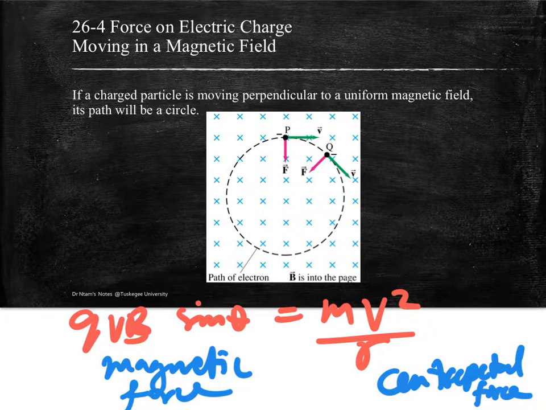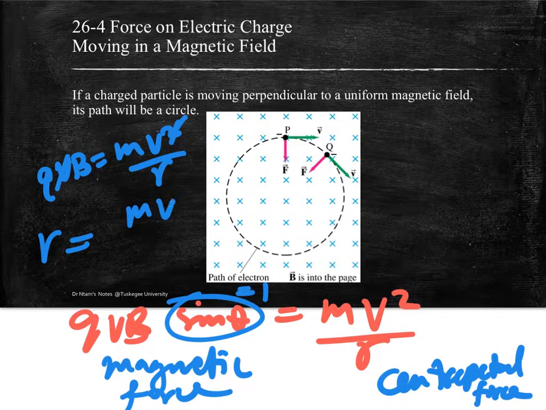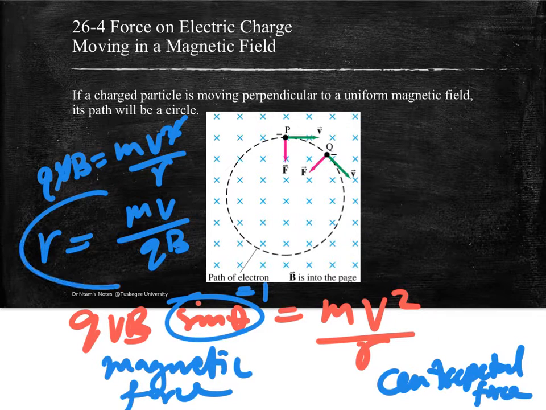And since V is perpendicular to B, sine of theta equals 1. So you end up with QVB equals mv squared over r, and you can simplify this to get the radius as mv divided by q times B. So this is the radius of a particle traveling in a uniform magnetic field B with a velocity v.